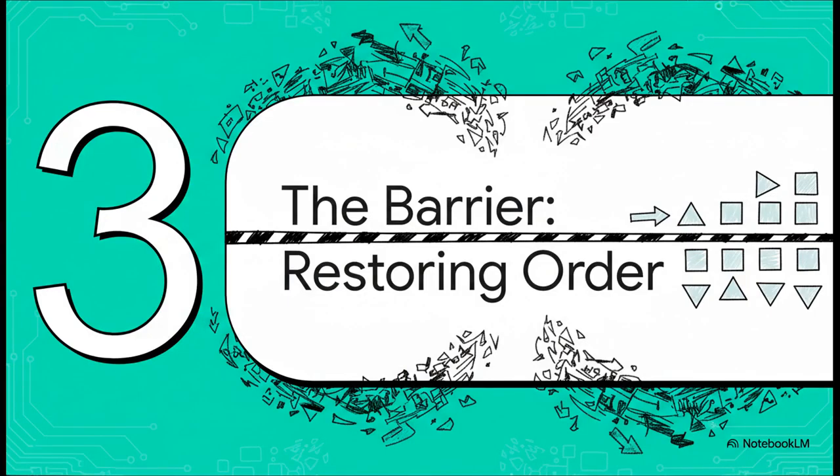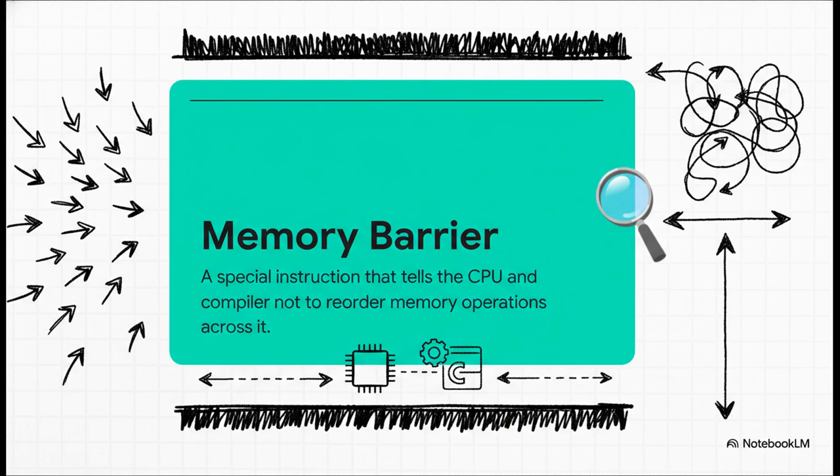So, how do we, as programmers, fight back against this chaos? How do we tell these over-eager optimizers to just calm down and do things in the order we told them to? Well, we use a special tool. We draw a line in the sand, and that line is called a memory barrier. A memory barrier is pretty much exactly what it sounds like.